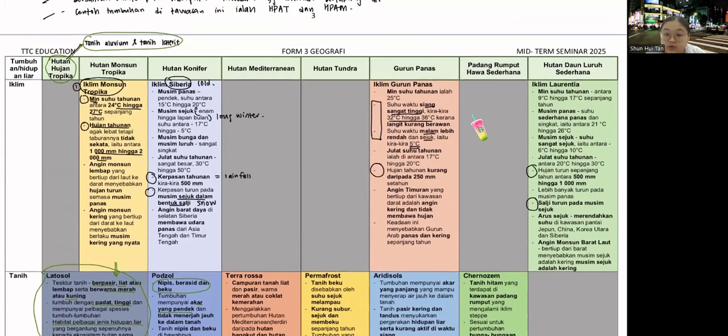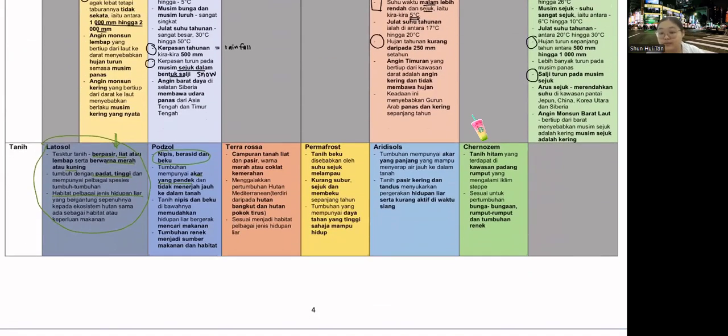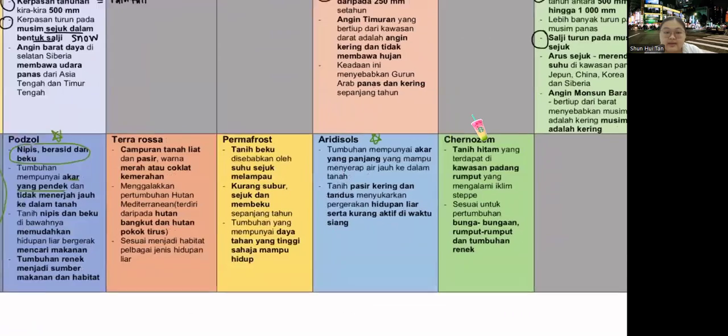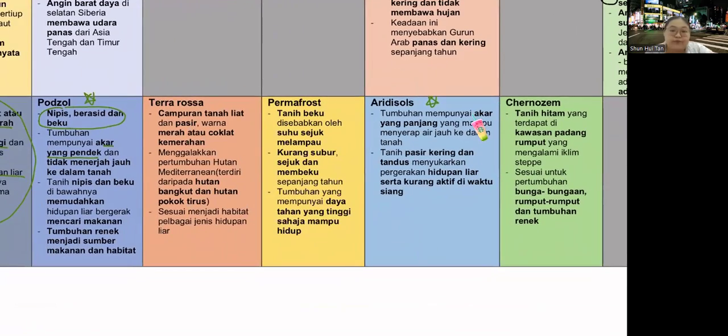All right. Same goes with your padang rumput. They only exist in these subtopics. So means most of the time, the most commonly asked Tanih is podzol and aridisol. All right. Now, podzol and aridisol are both opposite. Podzol is a cold area. That's why akar yang pendek. Aridisol is for gurun panas, very hot. So, akar panjang.